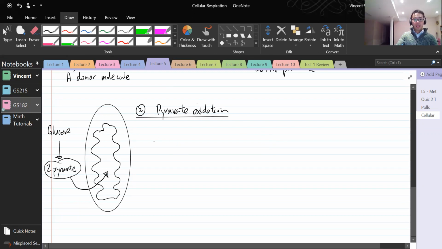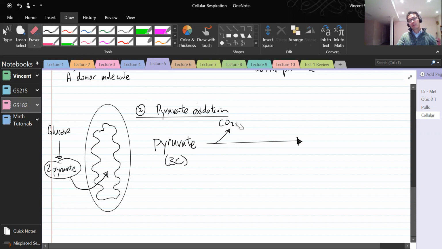So we have our pyruvate, and 3 things are going to happen to it. We are going to remove a carbon dioxide from it. Pyruvate has 3 carbons, and if you take away a carbon dioxide, the end product, which is called acetyl-CoA, will have 2 carbons, right?